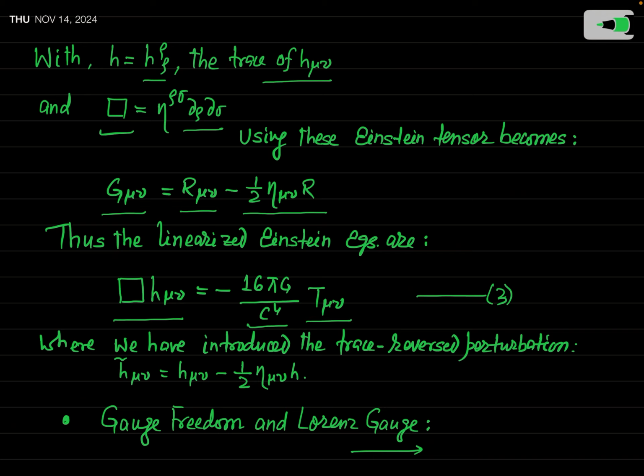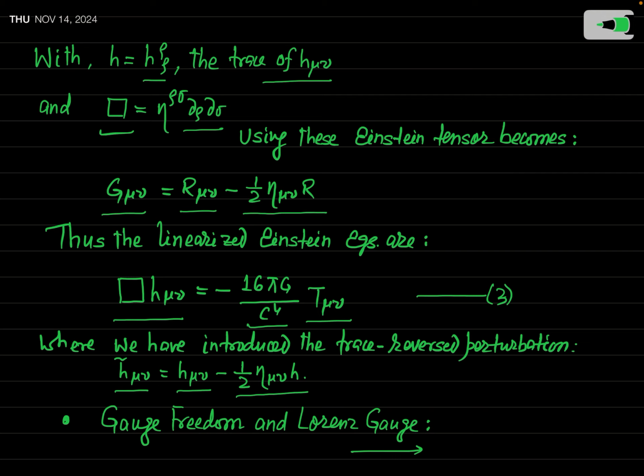I have skipped some of the mathematical steps for simplicity, because that would be a tedious task, and for writing an answer in your examination that is not needed. So this is the linear Einstein's field equation. Here we have introduced the trace-reversed perturbation, h tilde mu nu equal to h mu nu minus 1 over 2 eta mu nu h.